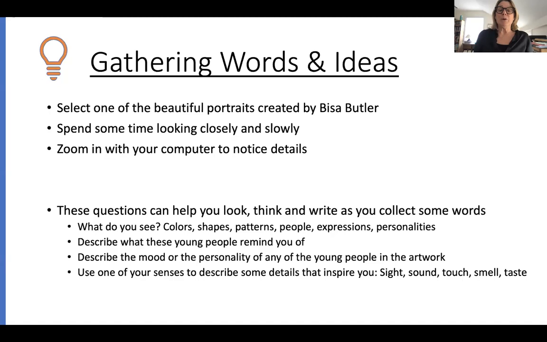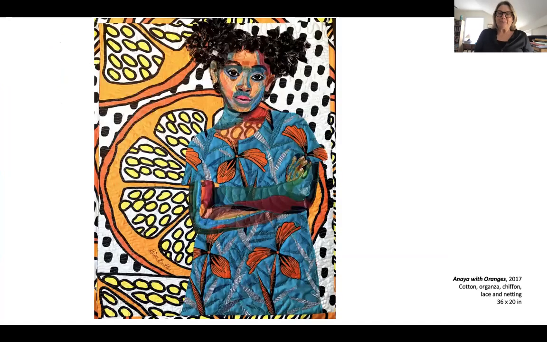Describe the mood or the personality of any of the young people in the artwork if you're compelled in that direction. And then use your senses to help you also think about some of the details: sight, sound, touch, even imagine the touch, the smell, even the taste. So those are just some questions to kind of get you warmed up and thinking and looking more imaginatively.